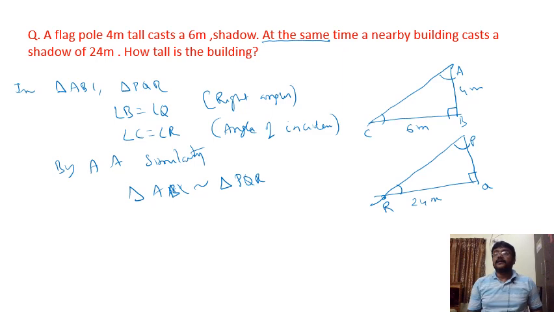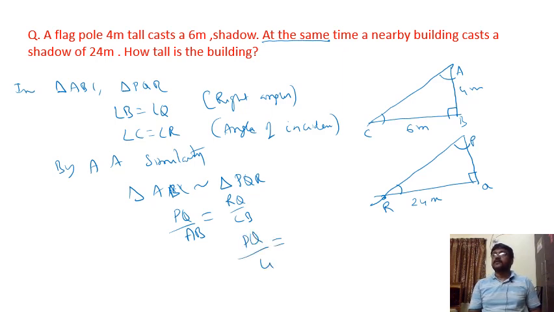So the immediate consequence is, when similarity is established, sides are in proportion. That's why you can take PQ by AB is equal to RQ by CB, that is PQ by 4 is equal to 24 by 6, right?